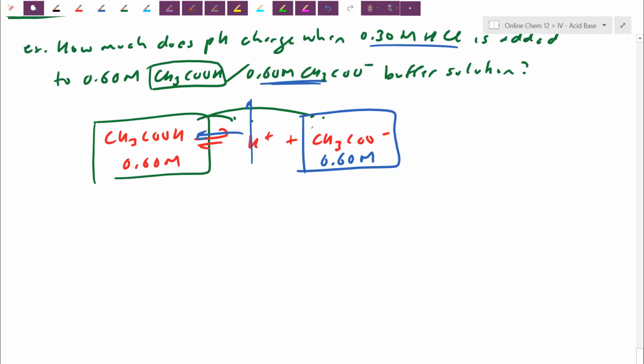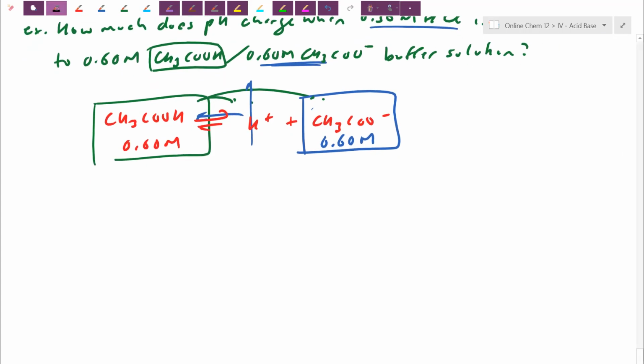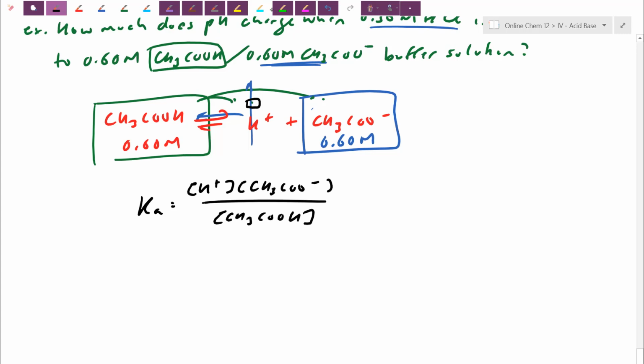For this buffer system, it's always a little bit hard to find the pH using H+, because I'm suddenly going to increase it and this one's going to start dropping. So for a buffer system, I'm going to cheat a little bit. The Ka value is given by hydrogen times acetate over acetic acid. What I want is another way to calculate the H+.